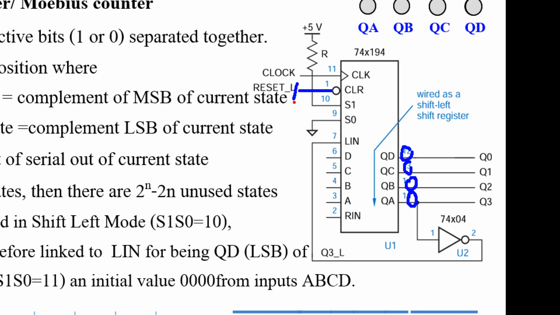And now consider the select inputs 0, 1, so it's shift left. Data from LIN feeds to QD, QD to QC, QC to QB, QB to QA. And QA now connects to an inverter and to Rin.